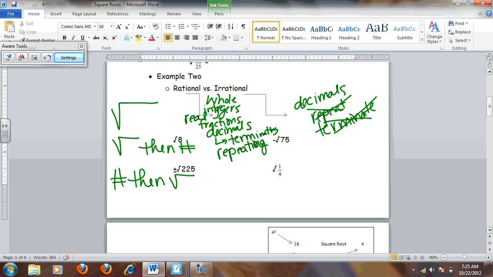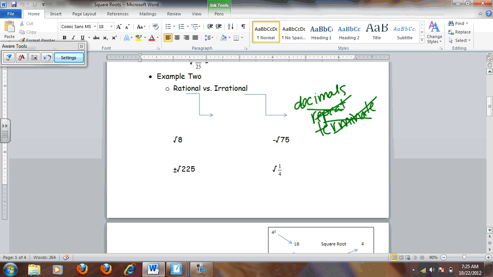Let's just practice on a few of these. The square root of 8. Okay, turn on your calculator. 8, and square root it. What did you get? You got a long decimal.